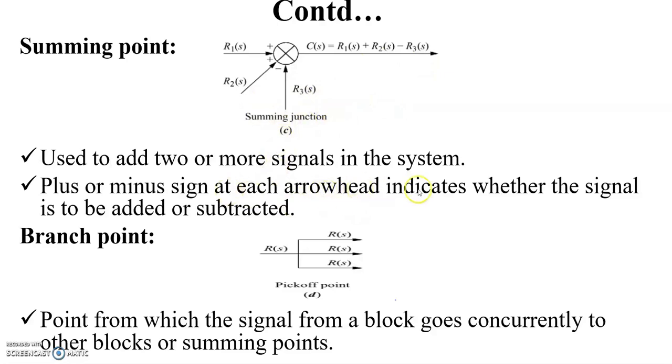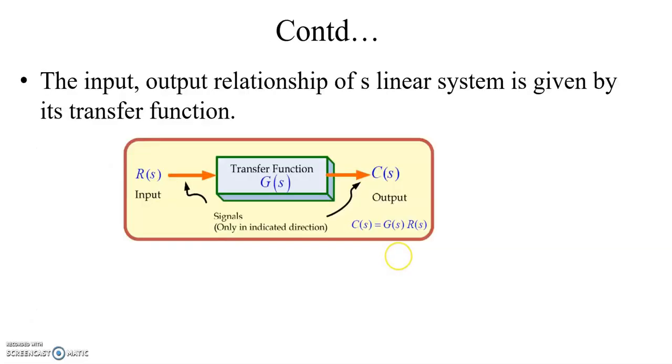The plus or minus sign at each arrowhead indicates whether the signal is to be added or subtracted. Next one is the branch point. A branch point is a point from which the signal from a block goes concurrently to other blocks or summing points.